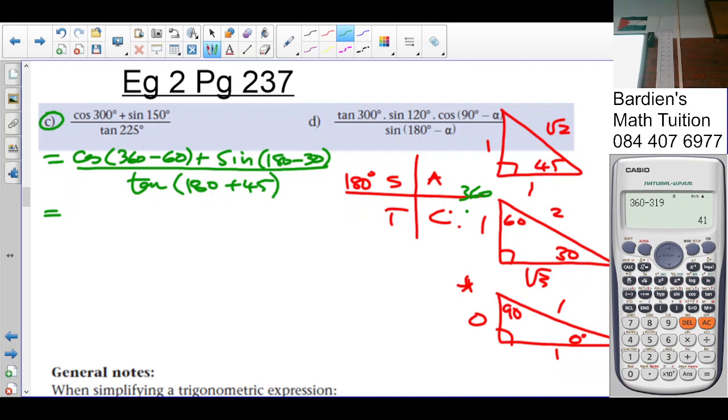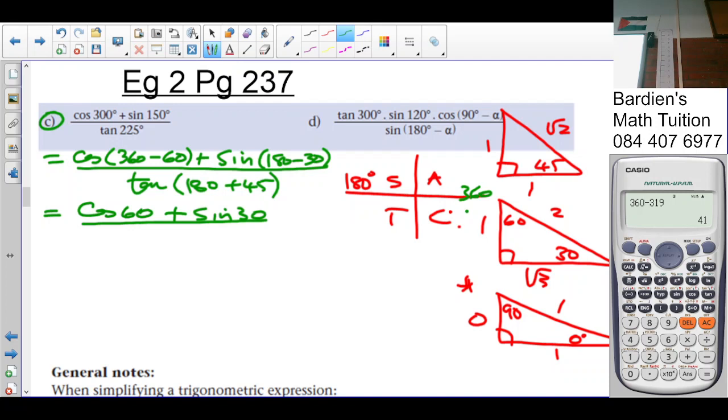360 minus 60. In the fourth quadrant is cos positive or negative? Positive. Cos 60 plus. 180 minus, second quadrant. Is sine positive or negative? Positive. Sine 30. Over. 180 plus. Which quadrant is that? Third quadrant.